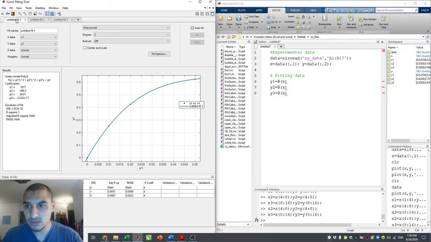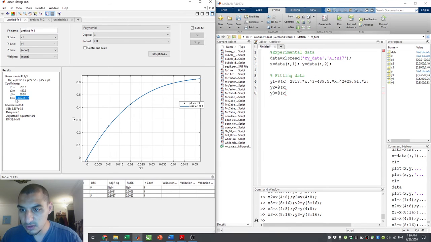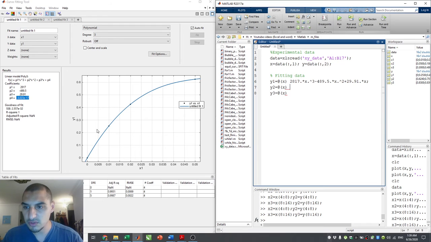So for the first part, it's gonna be 2817 multiplied by x to the power of 3 minus 489.5 multiplied by x to the power of 2 plus 29.91 multiplied by x. And actually this part, the constant is 10 power minus 17, so it's almost 0. I'm not gonna put it.